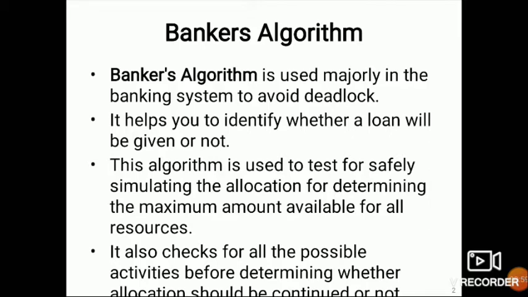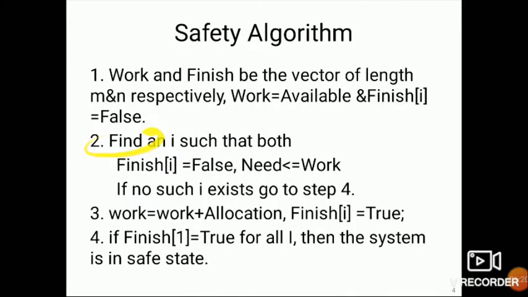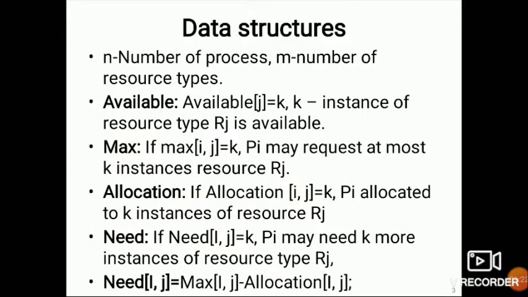Different data structures are used to implement the banker's algorithm. There are n number of processes and m number of resource types. Using those, the data structures are available, max, allocation, need.